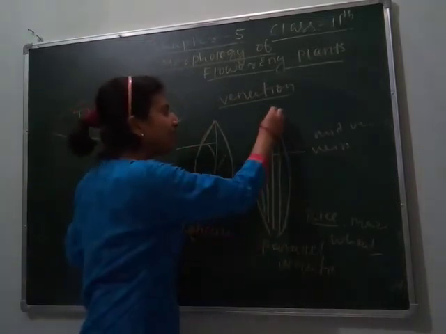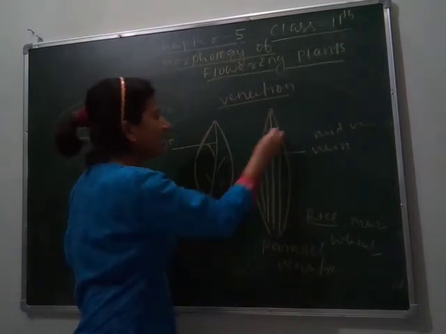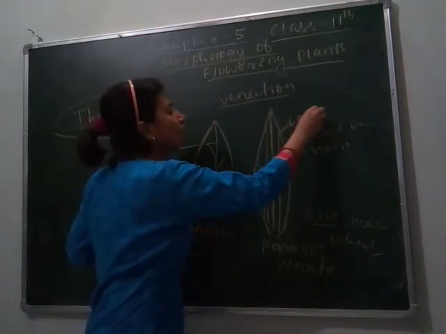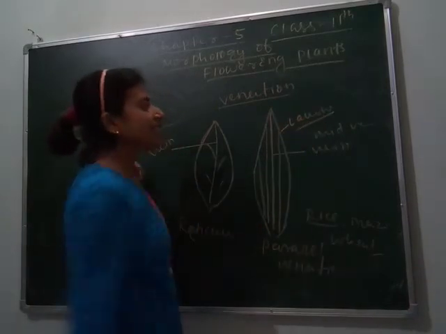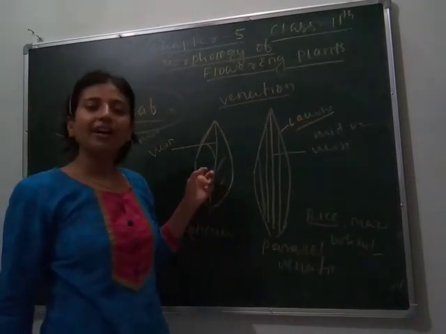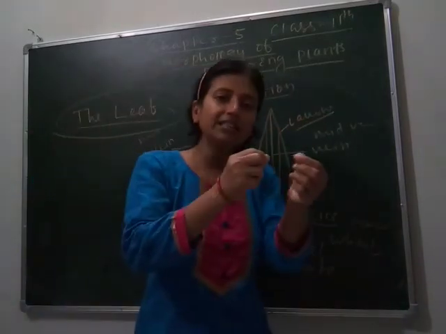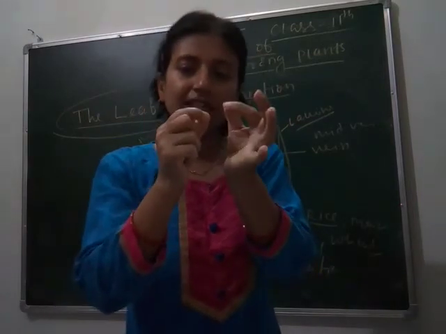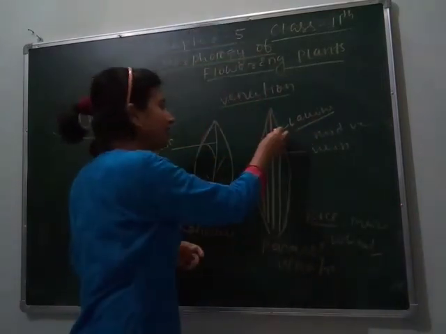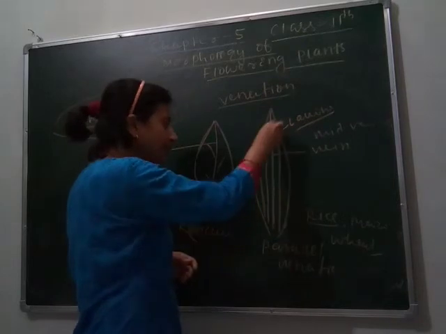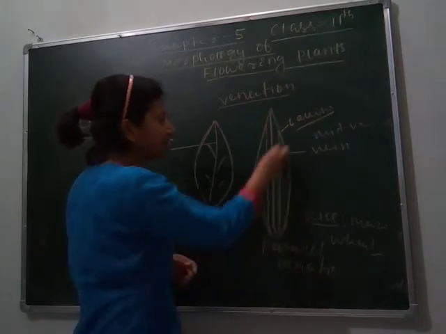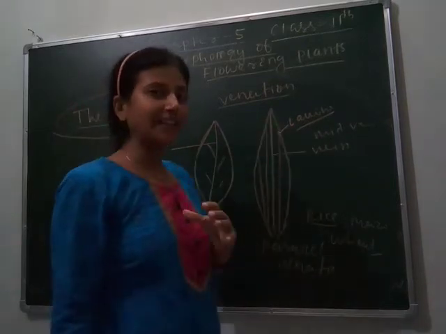As I have told you, this is the midrib and this is the lamina. To know whether it is a monocot leaf or a dicot leaf, tear the leaf lamina. I will show you practically tomorrow.